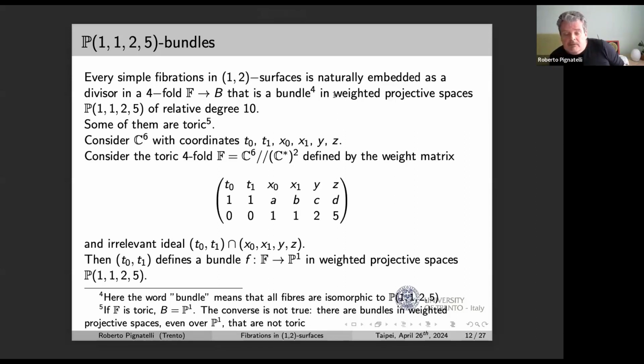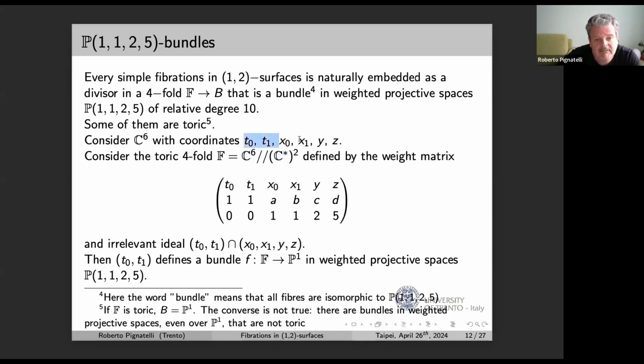Let me spend some minutes to explain this description of the toric fourfold, which, even if you don't know toric geometry, is very simple. They are fourfolds defined by taking C^6 modulo a two-dimensional torus action. So they are very simple, since they are essentially like weighted projective spaces, with the difference that you are doing two actions instead of one.